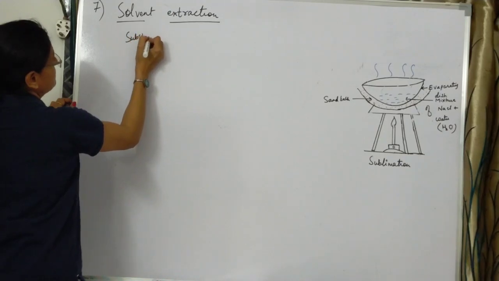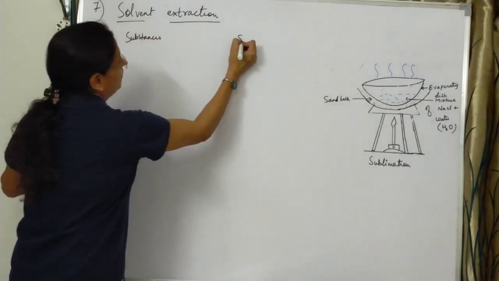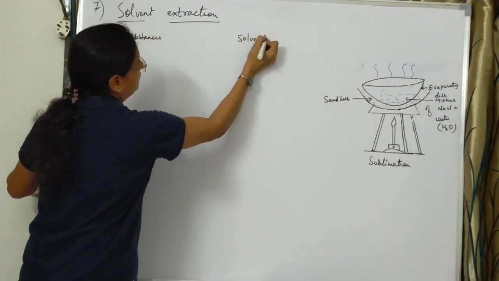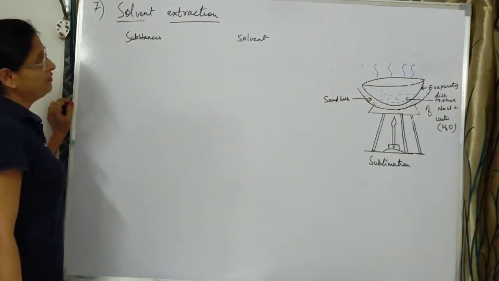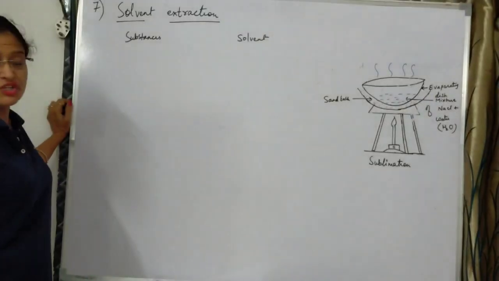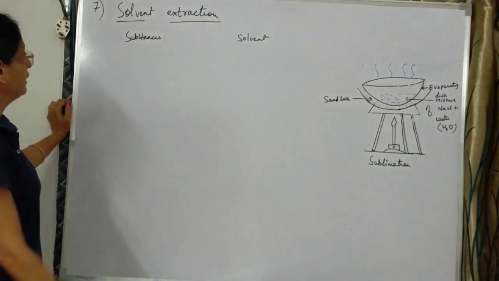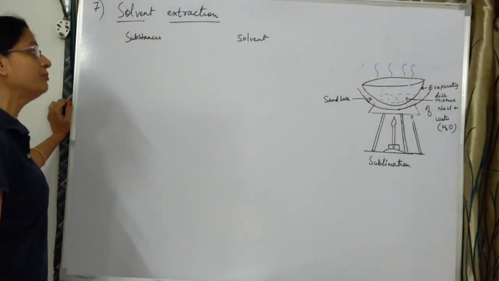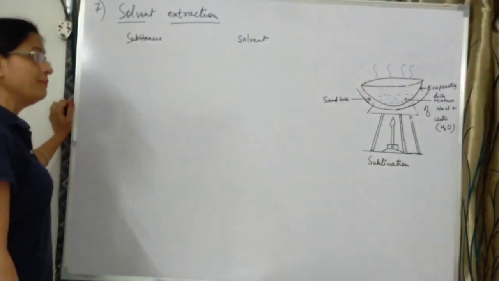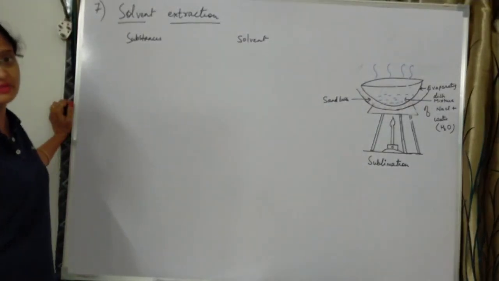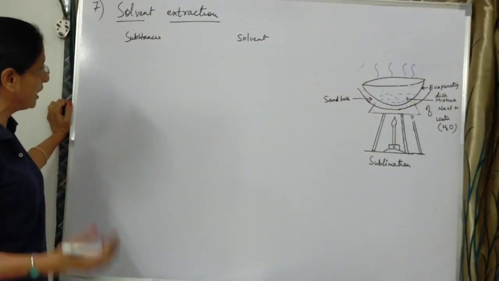So, various substances and the solvents in which they are soluble. If we know which solvent is suitable for which substance, we can adopt this method very easily. We should have some basic idea, some basic knowledge, of which type of substance is soluble in which type of solvent.